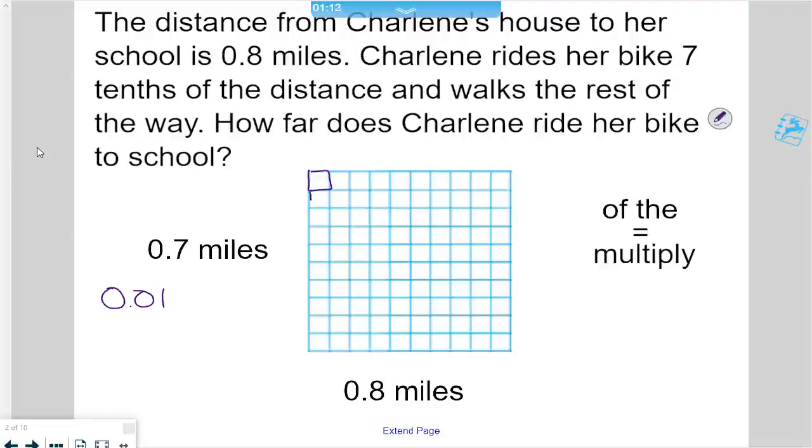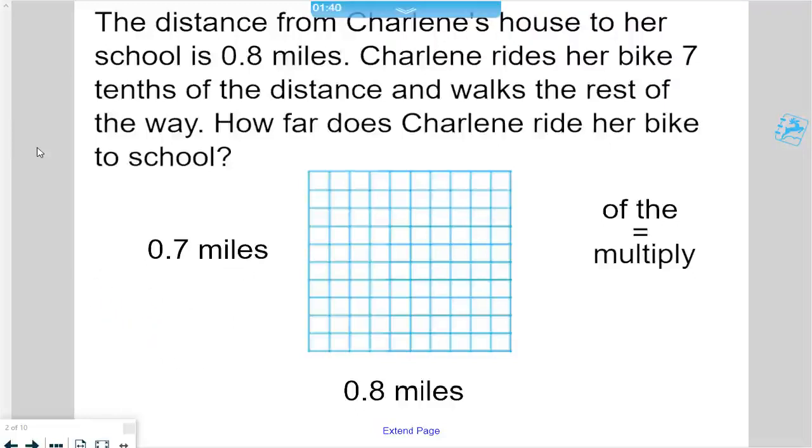The next part is if we have 10 of them, it is 0.1, 1/10. Now, if it helps you, you could always go like that, because then you know there's 10 of them. But the difference between 0.01 and 0.10 is 9/10. We want to make sure that we understand that those are two separate things.